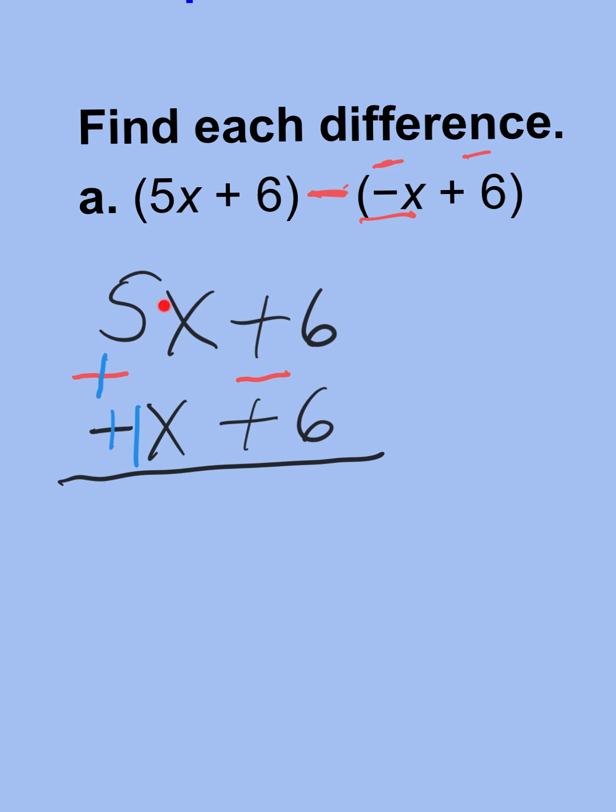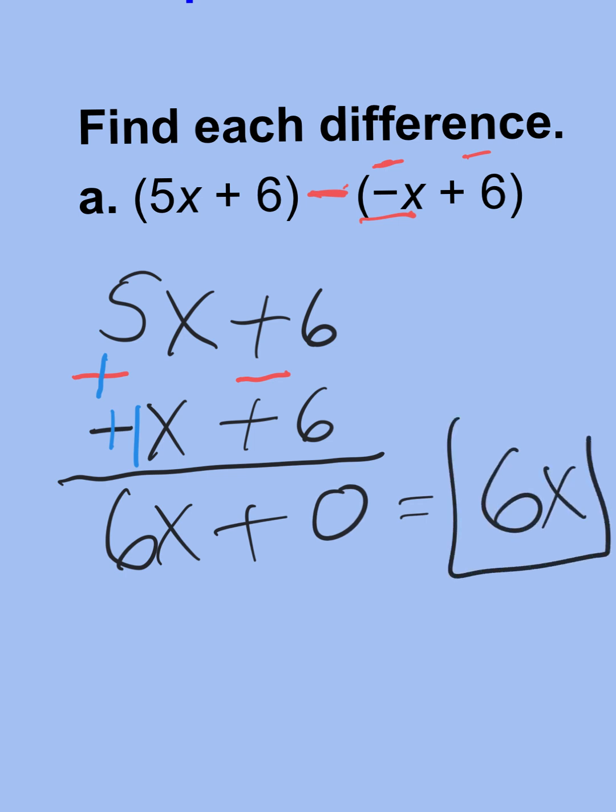So I would get 5x plus 1x, which is 6x. Here I have 6 minus 6, which is 0. But remember, we don't like to write zeros, so we could just say the answer is 6x.